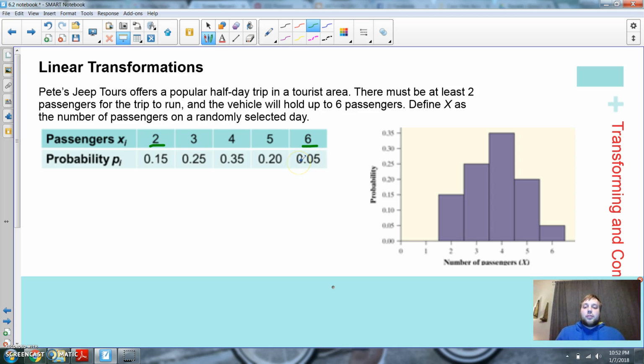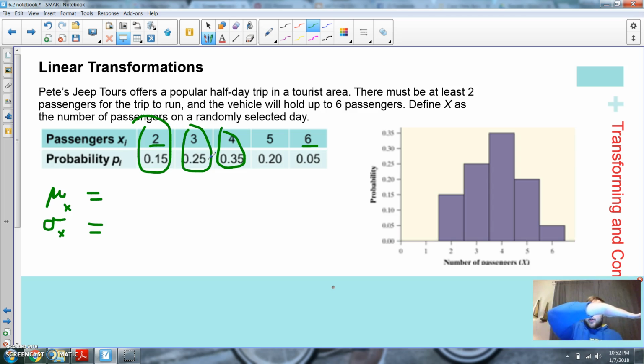So, how do we describe this? First of all, I want to make sure I know where the mean and the standard deviation of Pete's are. We're going to call this, as they said define it as x, the mean of x and the standard deviation of x. Now, I could do the whoop, whoop, multiply down, add across, that kind of thing.